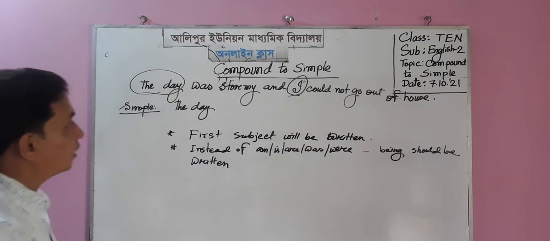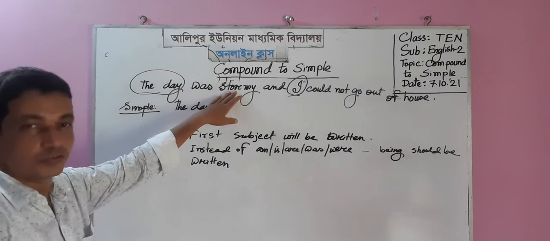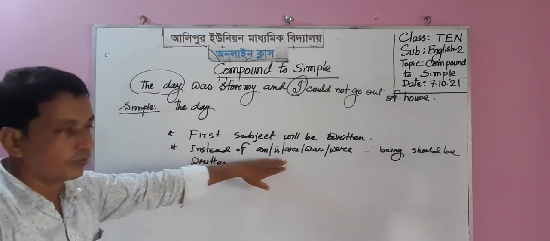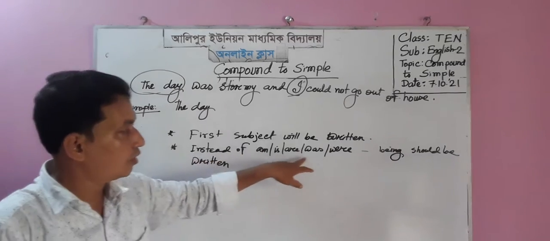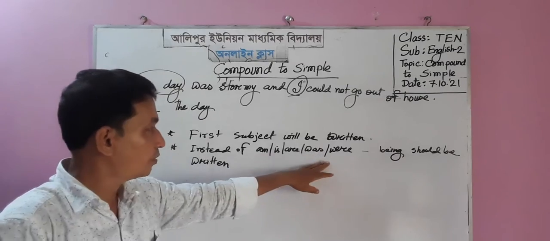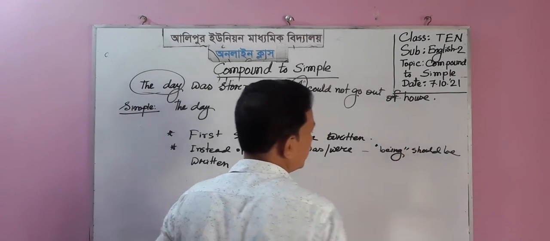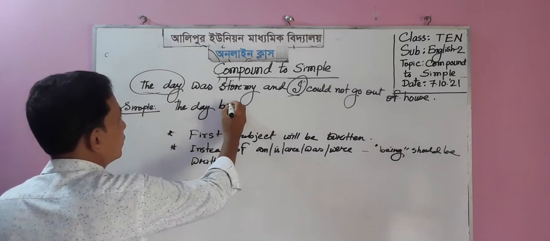Dear students, in the first clause, the day was stormy. Here was is the verb among the five verbs am, is, are, was, were. Was is a be verb, and instead of the be verb, we have to write being. At first, we have to write being. So I may write here being.